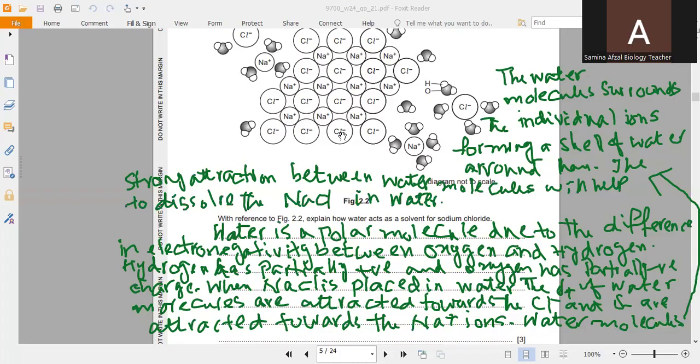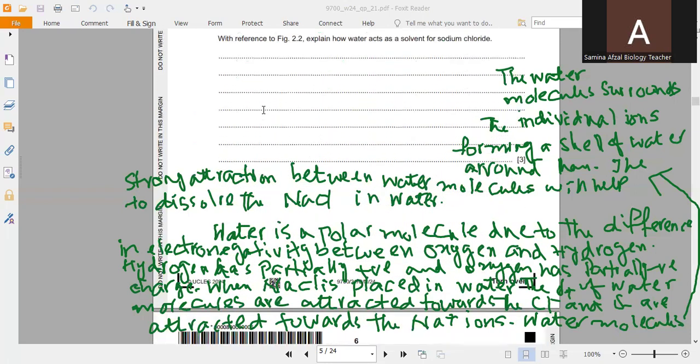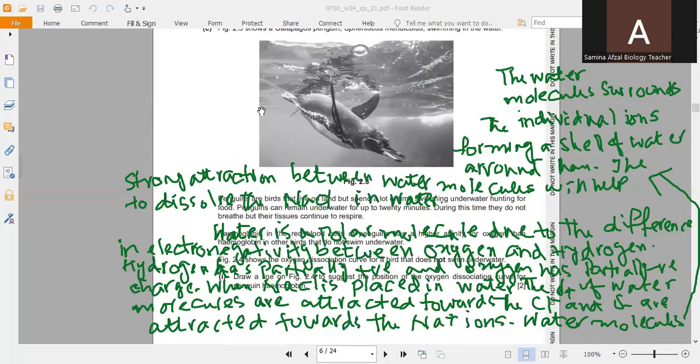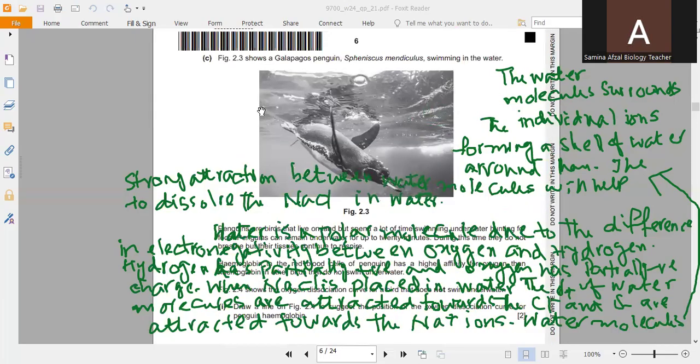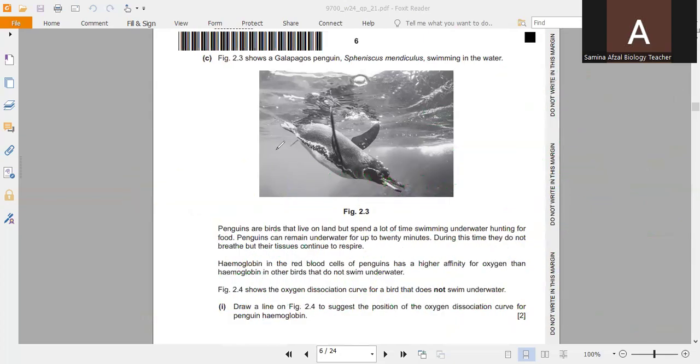So in this way, sodium chloride is dissolved into the water. I have taken more space again and again, I am telling you, but you have to write within the given space in short font.